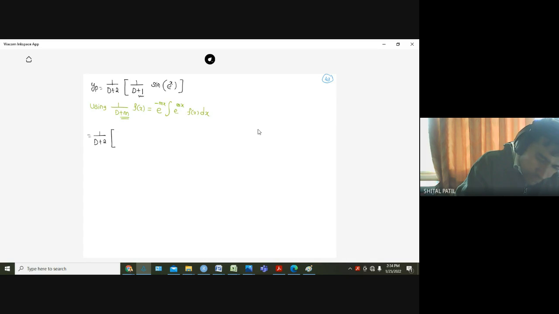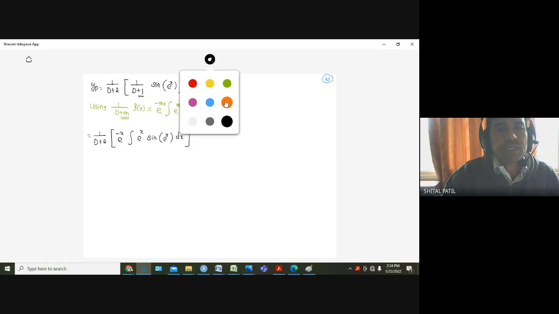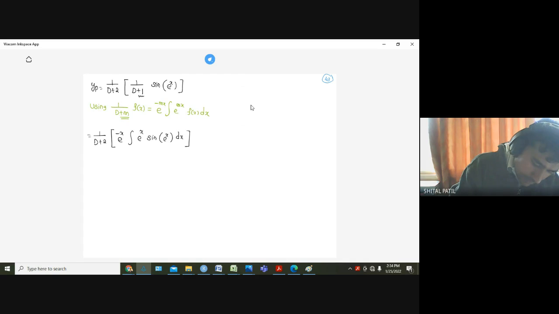Plus 1, right? Now to solve the integral, we have to use a substitution. So, e raised to x dx, that will be dt.